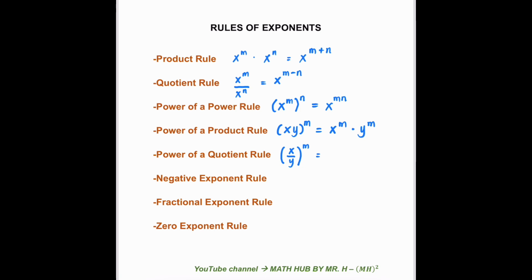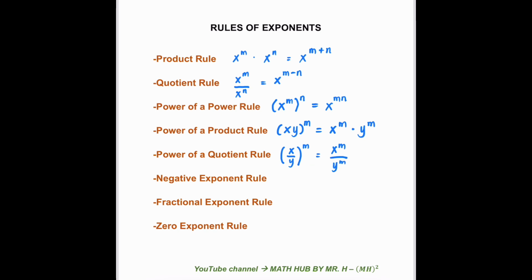So basically same with what we did with the previous one. So we will be distributing the power to every single expression in the base, okay? So it's going to be x to the power of m divided by y to the power of m.